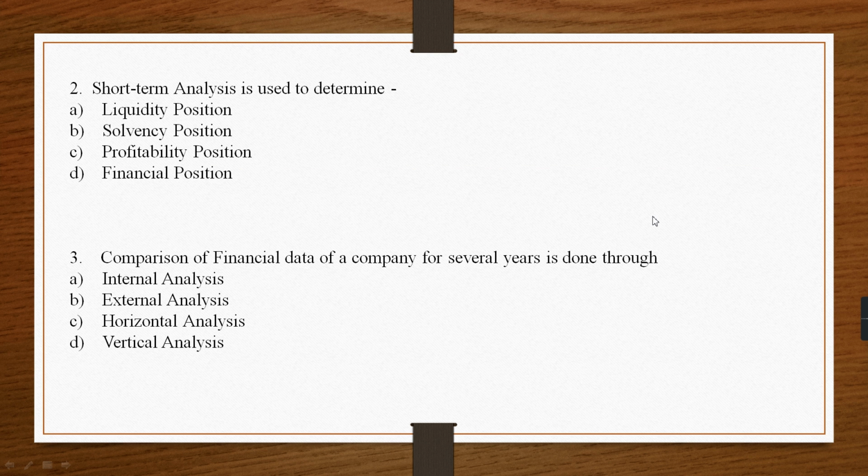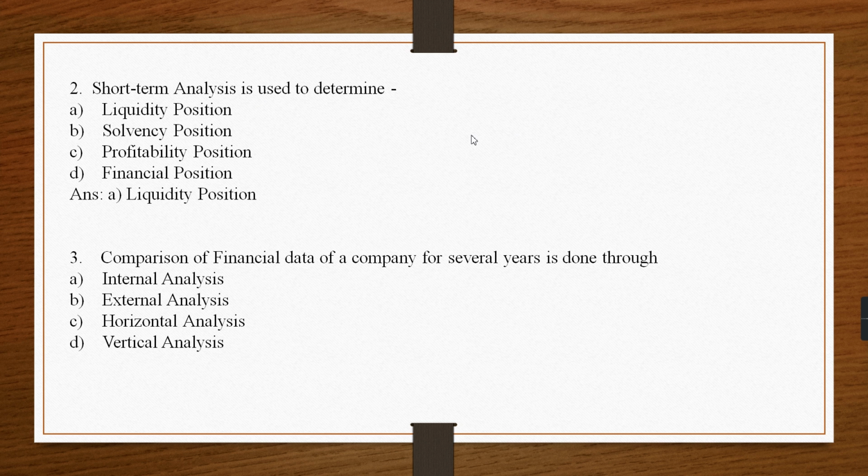Next one: short-term analysis is used to determine dash, whether it is liquidity position, solvency position, profitability position, or financial position. It is liquidity position. So whenever the objective is to analyze the liquidity position, it becomes short-term analysis.